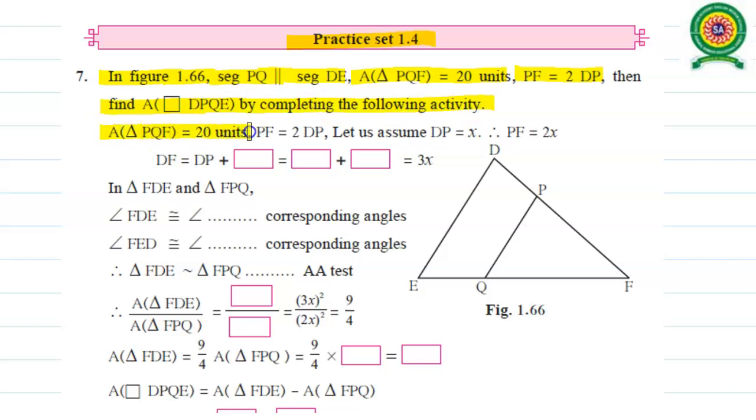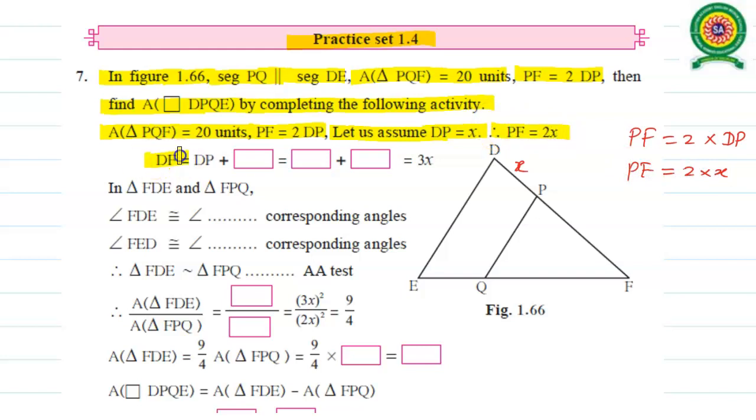Let's assume that DP equals X. I am writing over the diagram DP equals X. So PF equals 2 times DP, and once DP equals X, we are getting PF equals 2 times X.